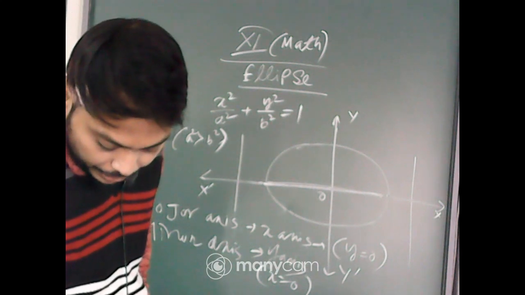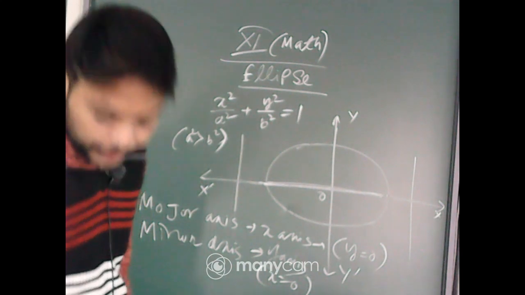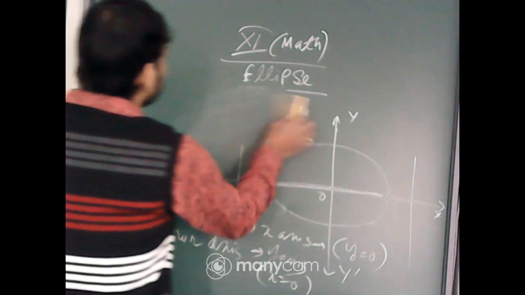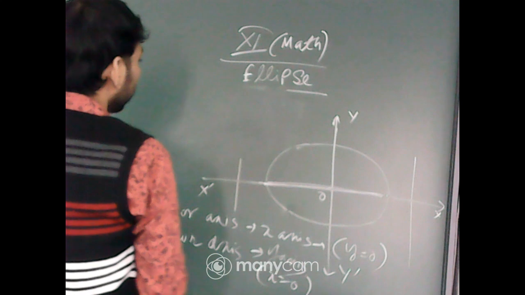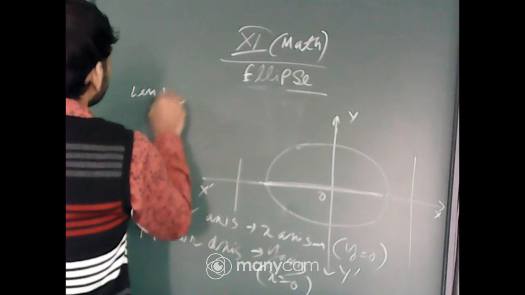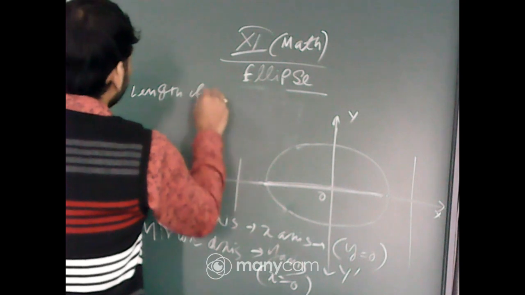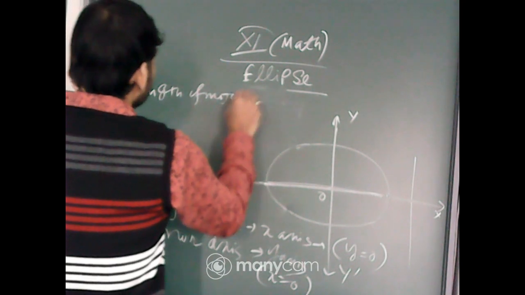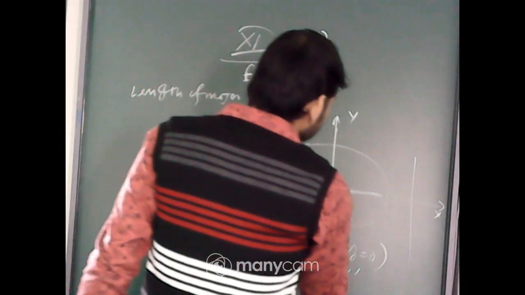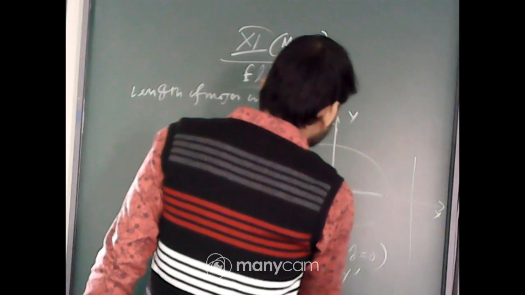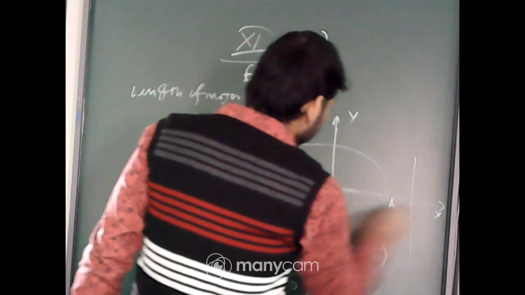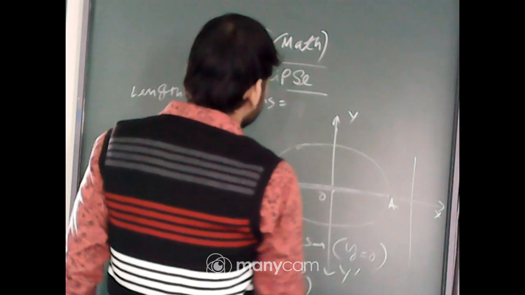Now, next thing we have to know: length of major axis. Here it will be 2a. This is the length of the major axis, A A dash.